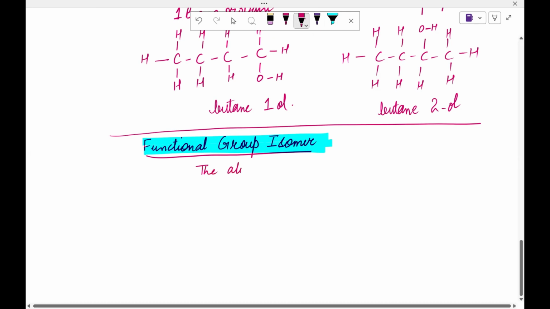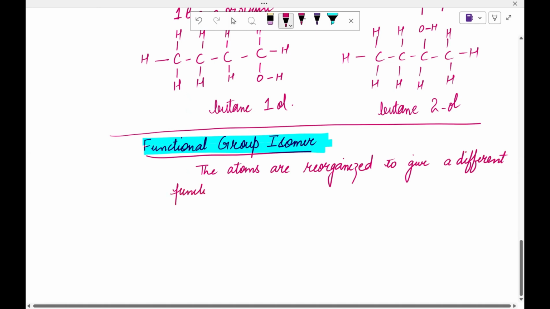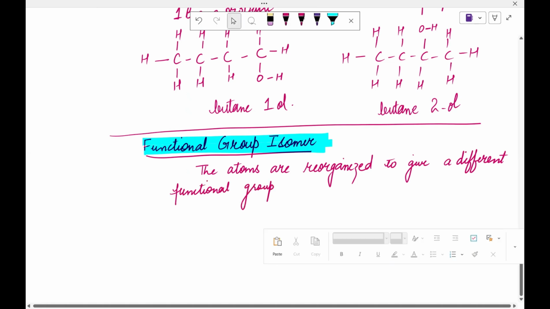The atoms are reorganized to give a different functional group. Let's see how the atoms are organized.